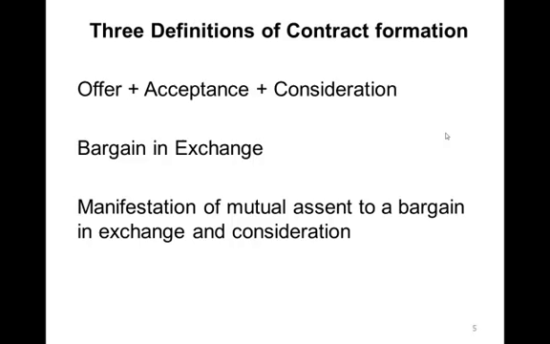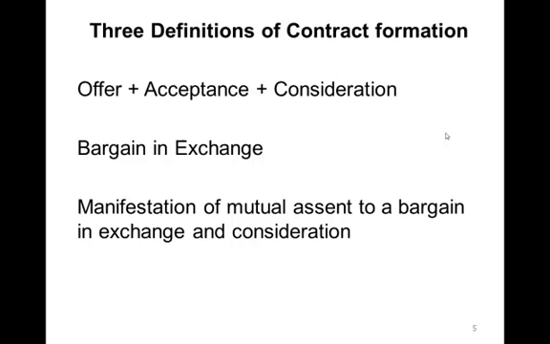If you have any one of those three and you can demonstrate that your facts meet the elements for any one of those three, you're going to be able to prove that a contract was formed. We are going to focus in on offer, acceptance, and consideration because I find that for my students, that is the thing they encounter the most.